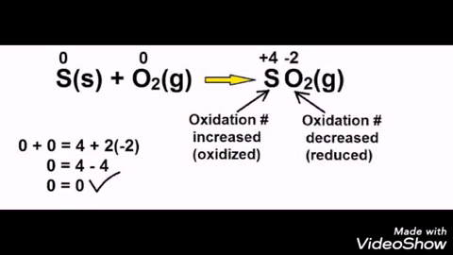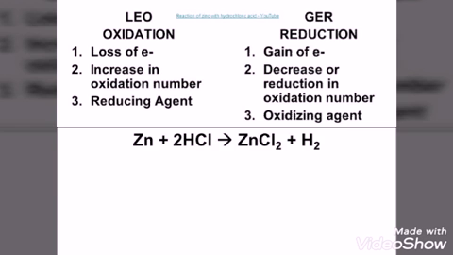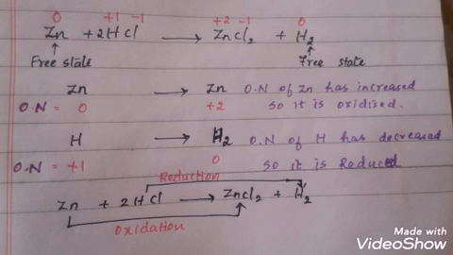Let's look into one more redox reaction. Here zinc reacts with HCl to form zinc chloride and hydrogen. Here zinc and hydrogen are in the free state, so their oxidation number is 0. As the formula of a compound is written by crossing the valency, it is easy to find the oxidation numbers of hydrogen and chlorine in HCl and of zinc and chlorine in zinc chloride. We know that chlorine has a valency of -1 and hydrogen +1.